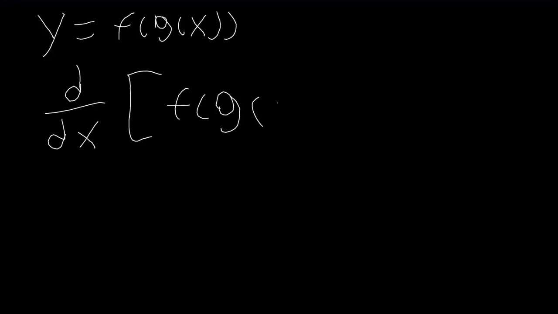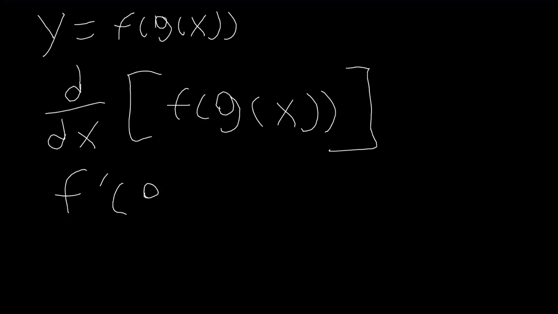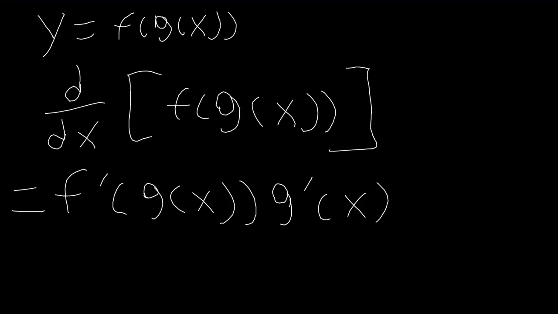If we have a composite function y equals f of g of x, where f is the outer function, like something to the power of 8, and the inner function is g of x, which can be something like 2x plus 3, to take the derivative with respect to x, so d/dx of f of g of x, you just have to take the derivative of the outside, f prime, keep the inside the same, so g of x, and multiply that by the derivative of the inside, so g prime of x. That's what the derivative is equal to.